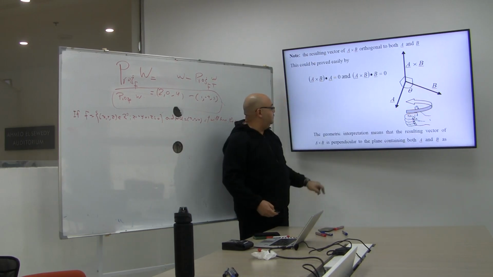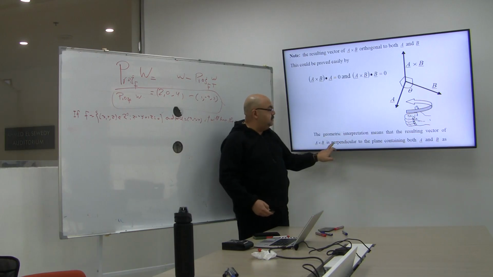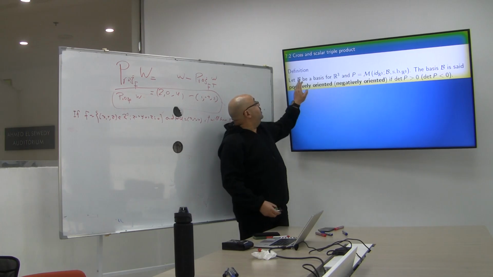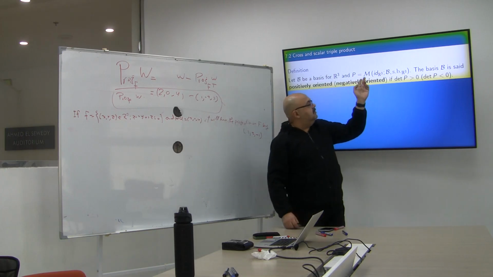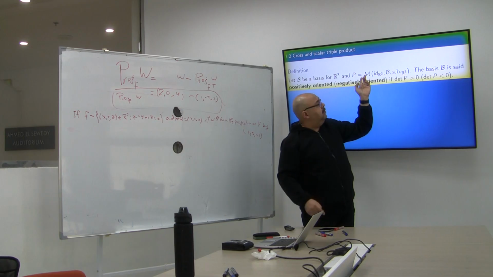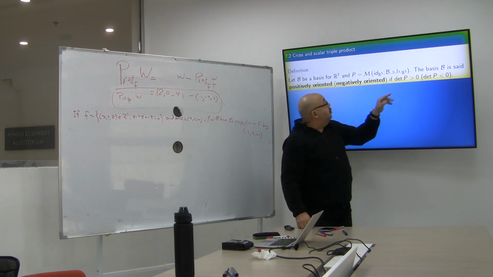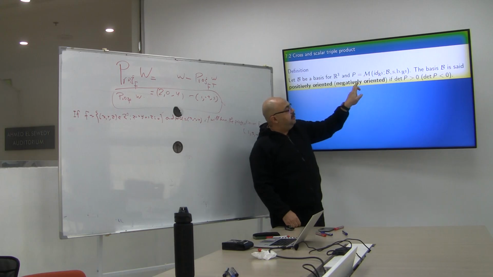So geometric interpretation means the resulting vector of A cross B is perpendicular on both vectors A and B. The definition: let B be a basis of R3, where B is the matrix of the identity transform from B into the standard basis of R3. So I will have positively oriented in the case of the right hand side and negatively oriented otherwise.